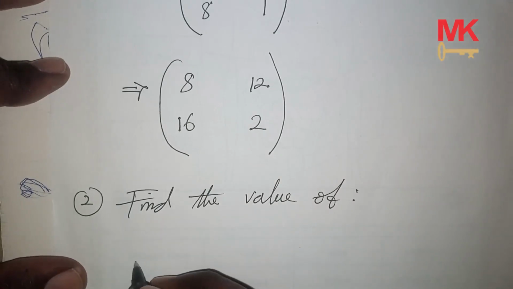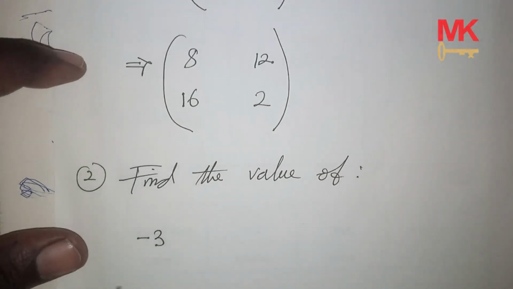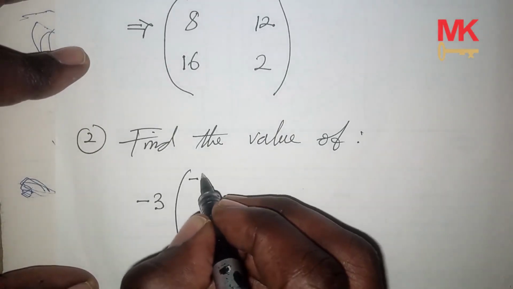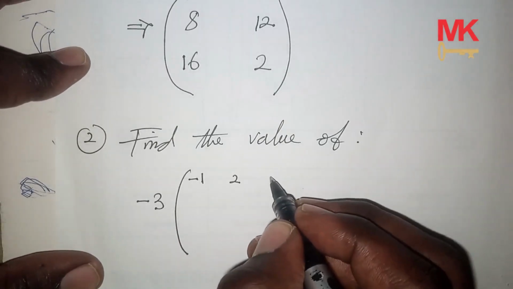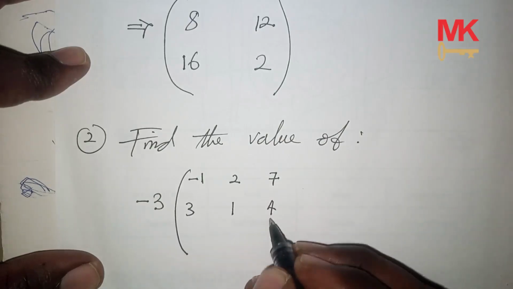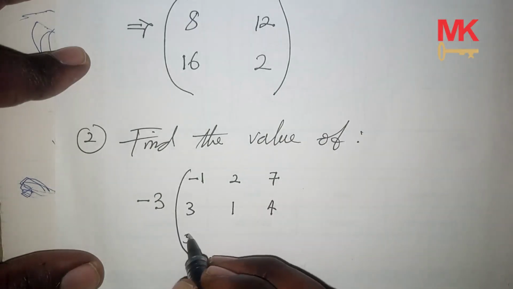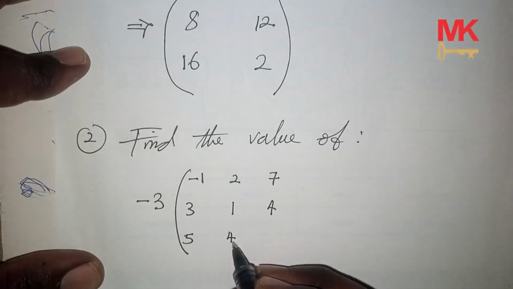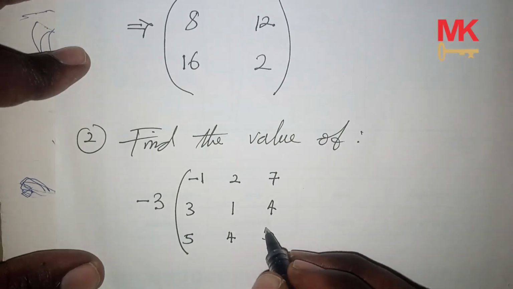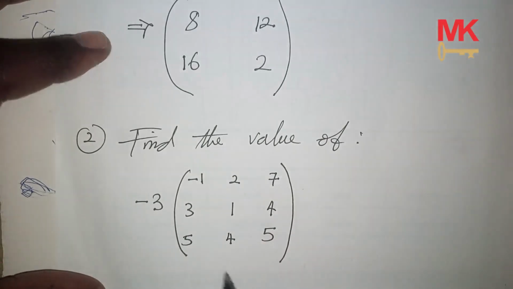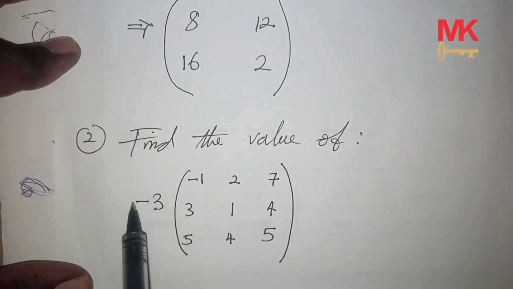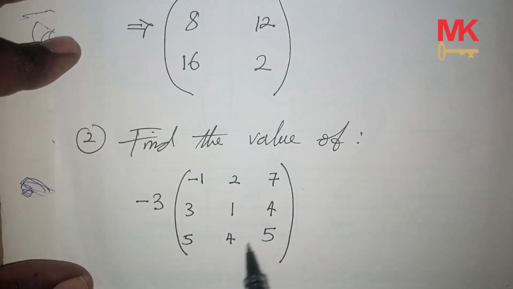This time, let's say we have -3 multiplying the matrix: -1, 2, 7, 3, 1, 4, 5, 4, 5, for example. So you can see this is another scalar multiplication of matrix because a single value, which this time is negative 3, is multiplying a 3 by 3 matrix.